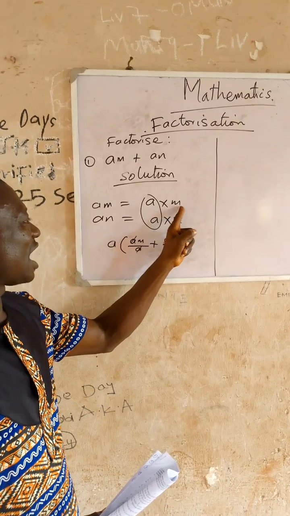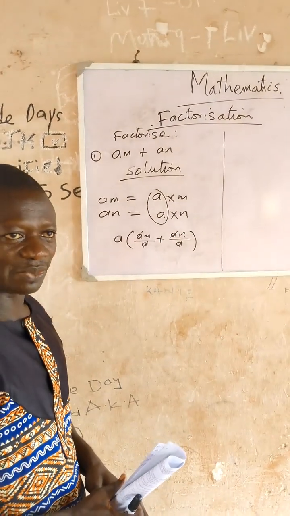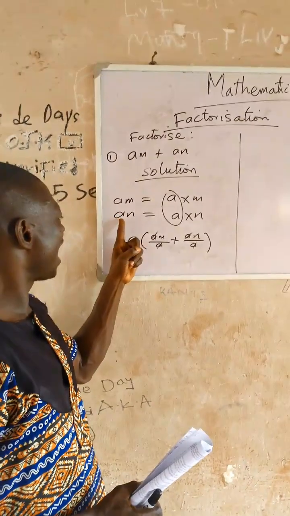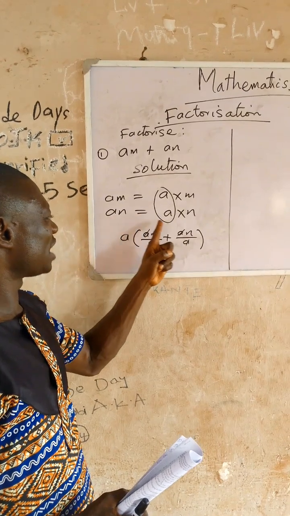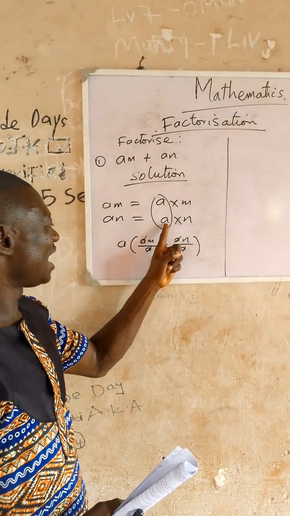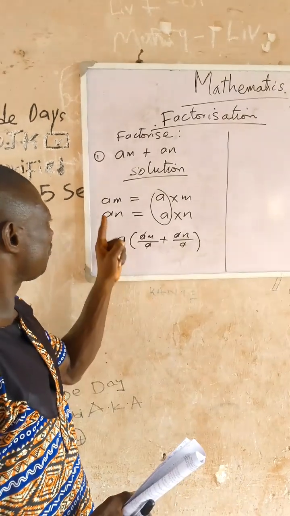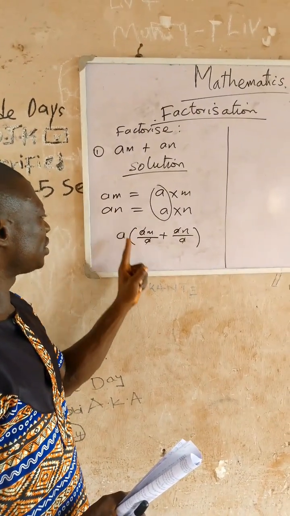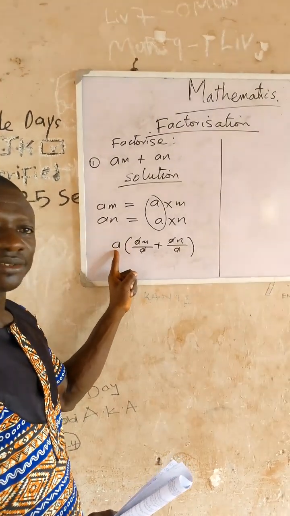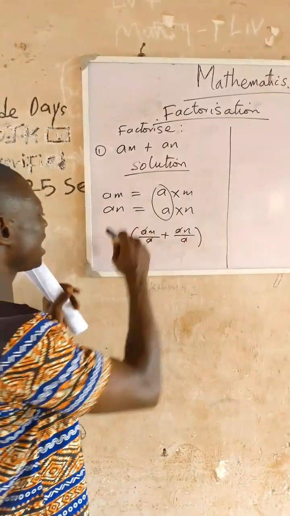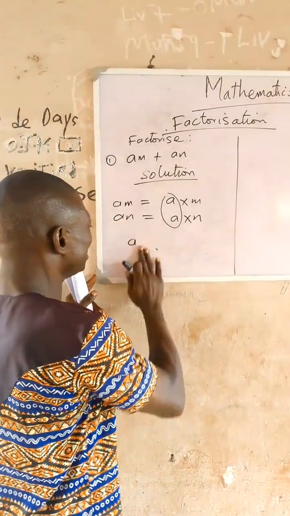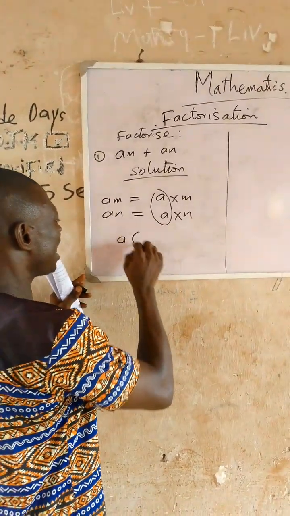A times M, from what we did last week. If we divide AN, we get what? A times N. And so the HCF of the two expressions is what? A. Then bring that A out.